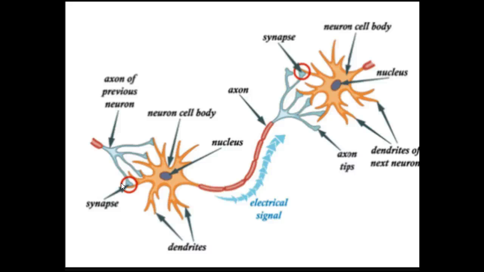We call this a synapse, and we'll talk about the synapse in just a minute. You'll see the synapses here, and they'll start the electrical signal, and then the synapse will send a neurotransmitter onto this cell, which will start that electrical impulse down this cell, and then we'll get down to the synapse, and it'll secrete the neurotransmitter and it'll start on this cell.